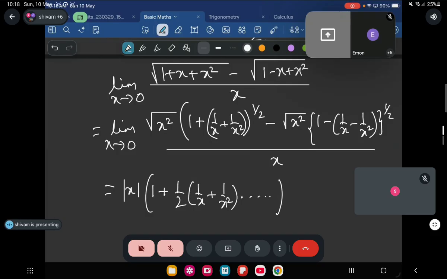So wait, 1 plus nx. Let us write one more term. One more term will be half into half minus 1 by 2 factorial into 1 by x plus 1 by x square whole square. Right, tell me. Dot dot dot. The rest of the terms are not important, because in the rest of the terms you will get the denominator as x.